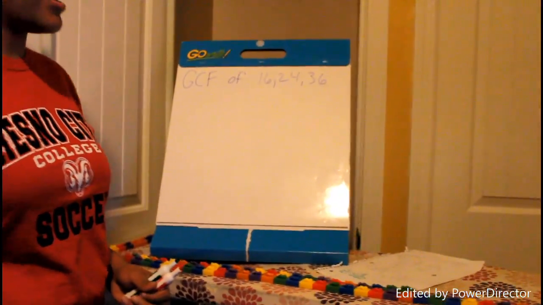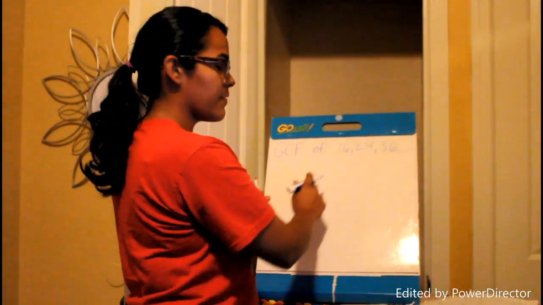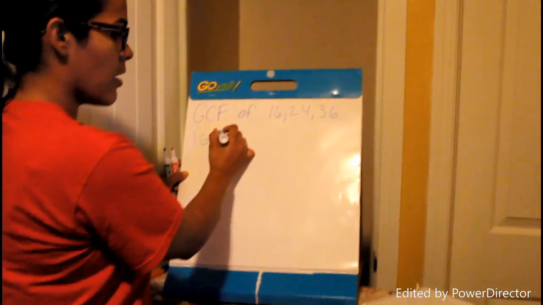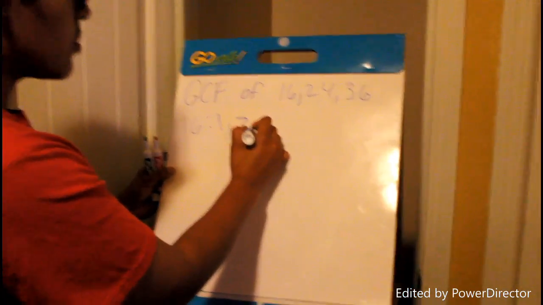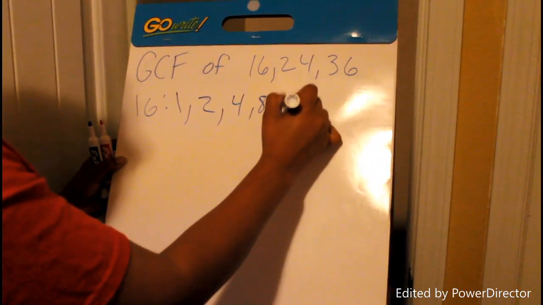The greatest common factor of 16, 24, and 36. The first thing I want to do is list all the numbers that divide into 16. So the numbers are 1, 2, 4, 8, and 16.